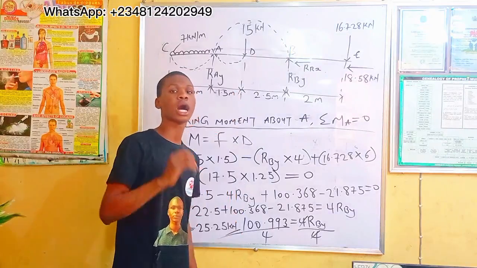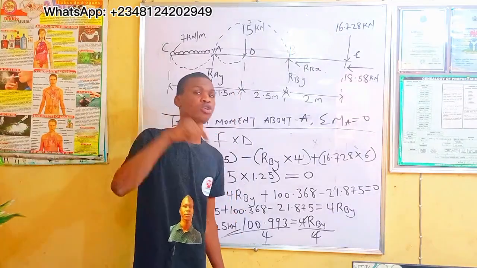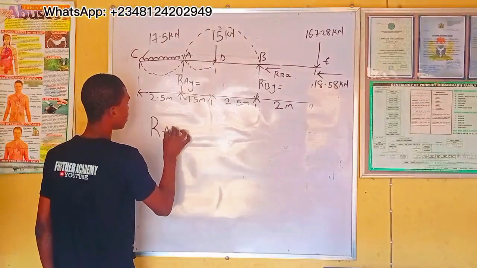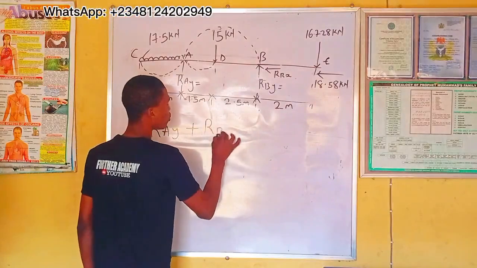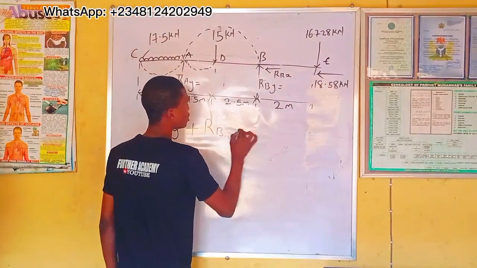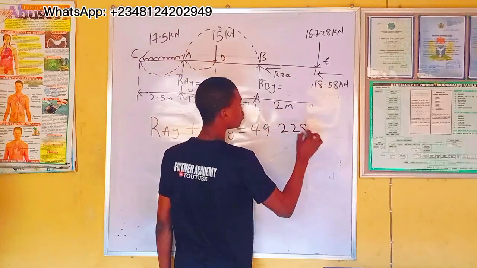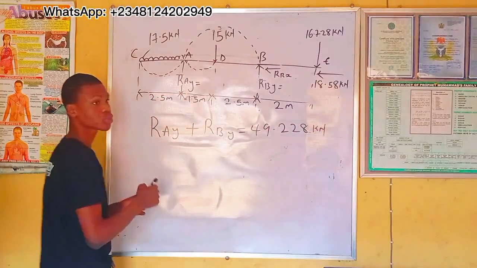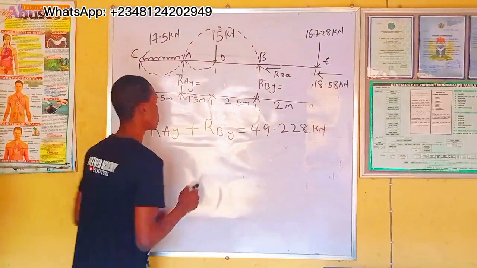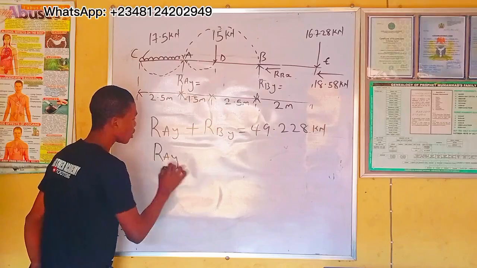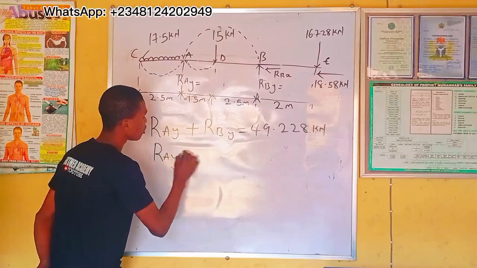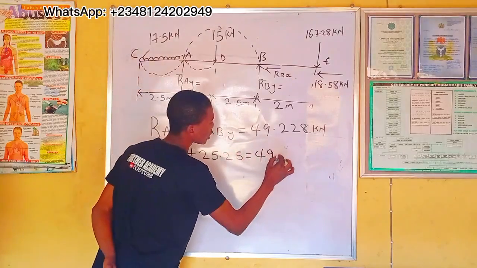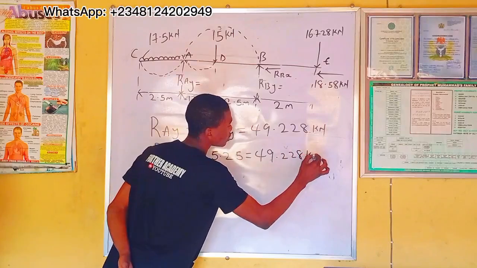The third unknown, how do we get RAY? Go back to equation 1. From equation 1, we have that RAY plus RBY is equal to 49.228 kilonewton, right? Now from here, let's substitute the value of RBY which we got, meaning RAY plus 25.25 equals 49.228 kilonewton.